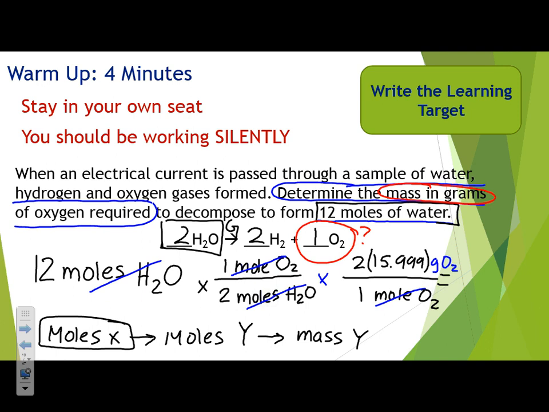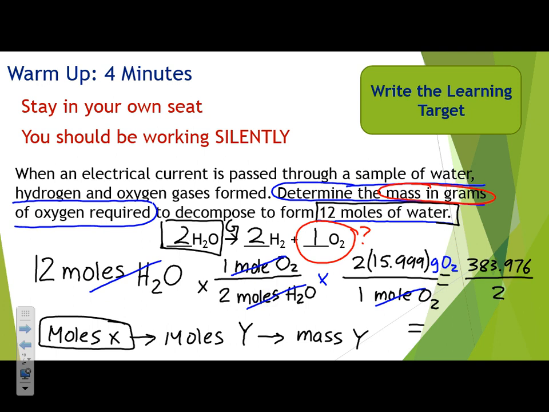So as we do that, let's go ahead and put it all together. On the top here, we have 12 multiplied by 2 times 15.999, giving us approximately 383.976. And on the bottom, we have just 2.